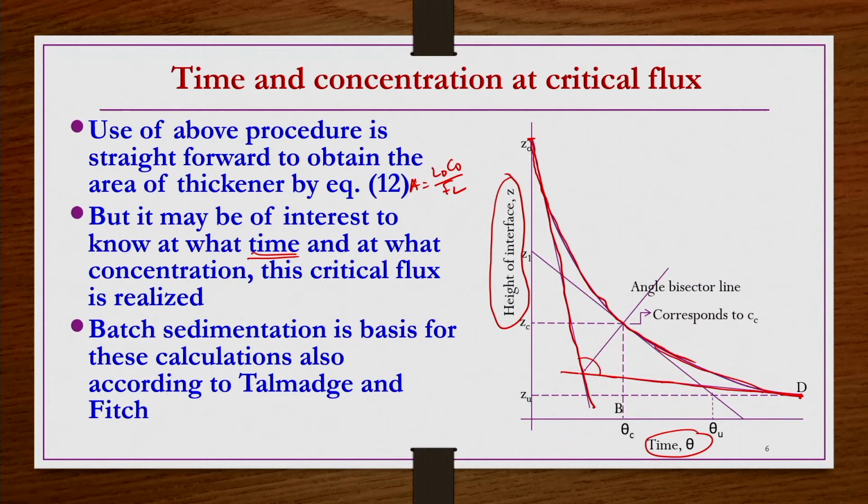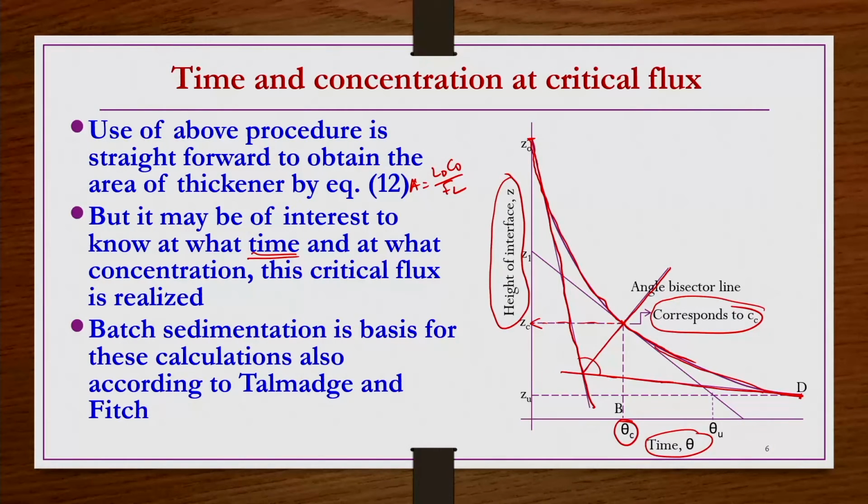This angle you bisect into 2 equal parts, draw an angle bisector line like this, and extend it towards the Z versus theta curve. So, this angle bisector line intercepts this curve at a certain point. That point corresponds to the critical flux point, and the corresponding time is known as the critical time, and the corresponding height is ZC.